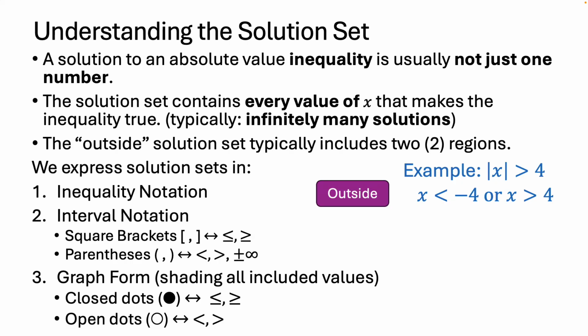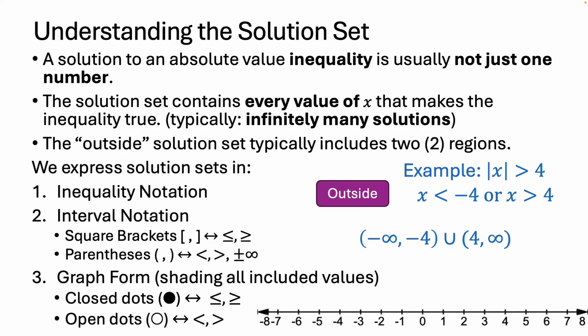This same solution set written in interval notation would be negative infinity to negative 4 union 4 to infinity. And here we would have round parentheses on everything. Since positive and negative infinity always receive parentheses, 4 and negative 4 are excluded because of the strict inequality.